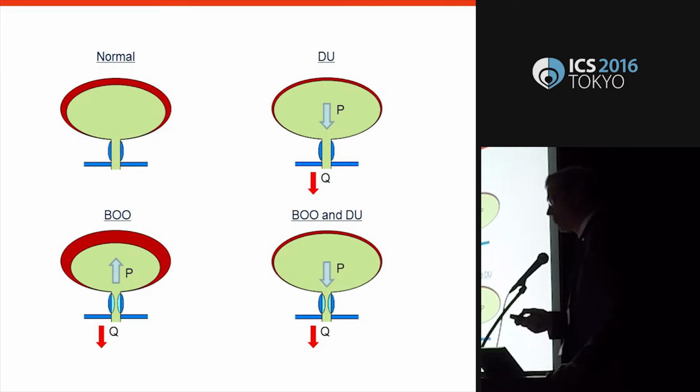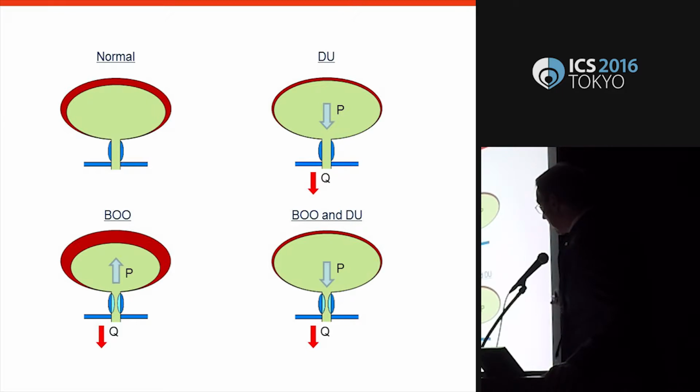Again, what's happening during voiding? Normal voiding, you have the detrusor or the bladder wall, the prostatic urethra and the prostate and the pelvic floor. For Detrusor Underactivity, you have a low pressure and a low flow. Bladder outlet obstruction, a high pressure and a low flow, most probably caused by bladder outlet obstruction, benign prostatic obstruction.